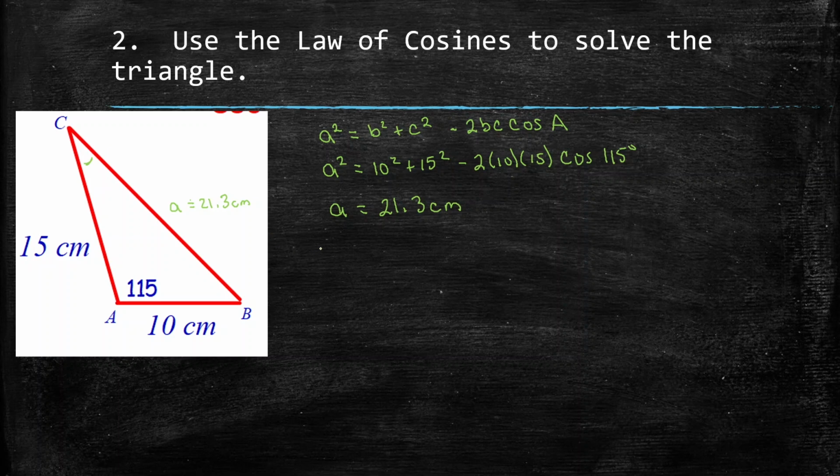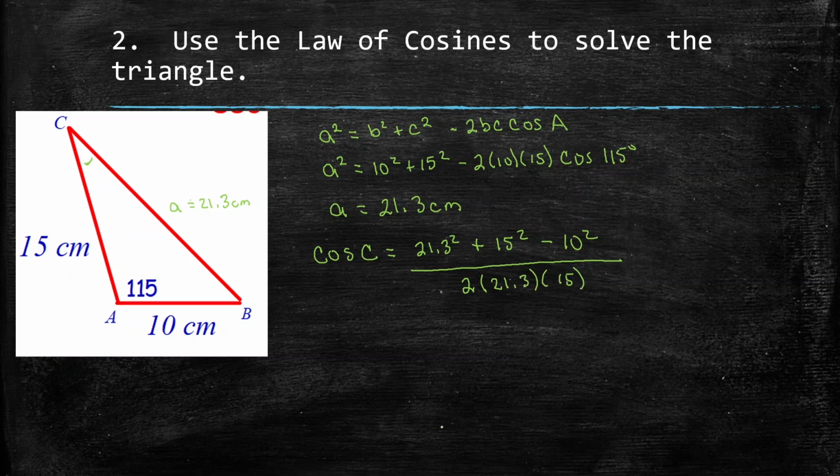So cosine of angle C equals, and that's going to be 21.3 squared plus 15 squared minus 10 squared, and that's all over 2 times 21.3 and 15.